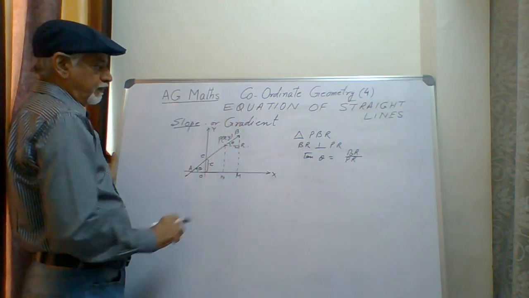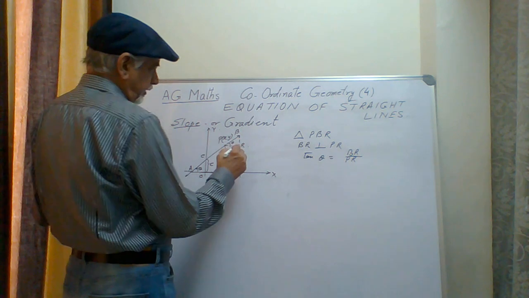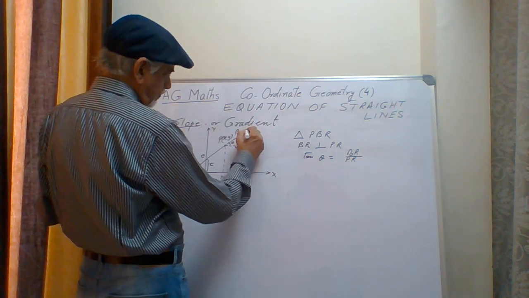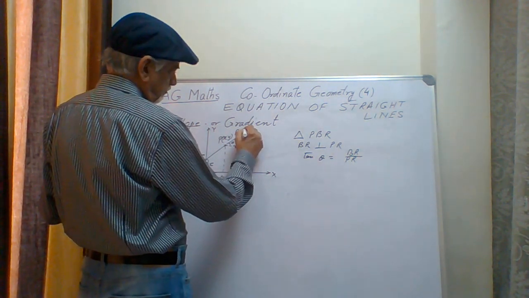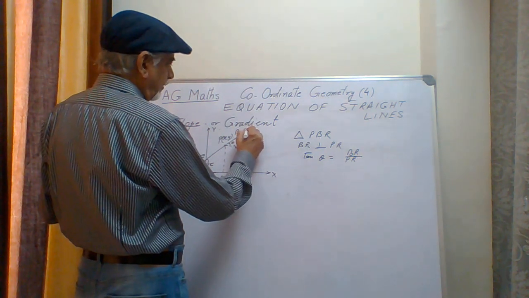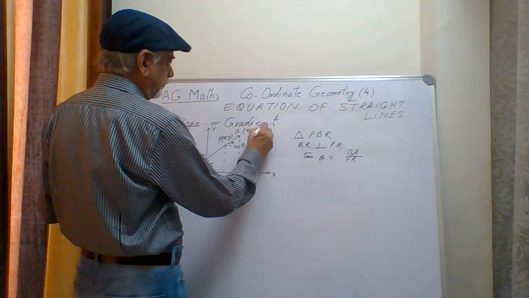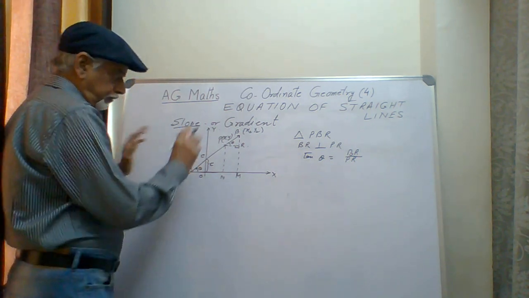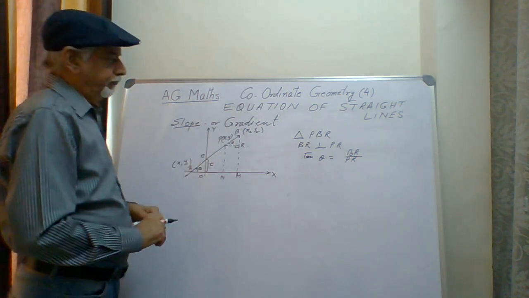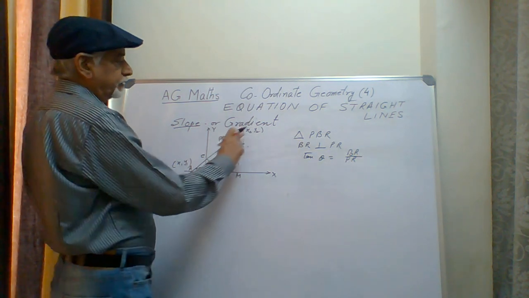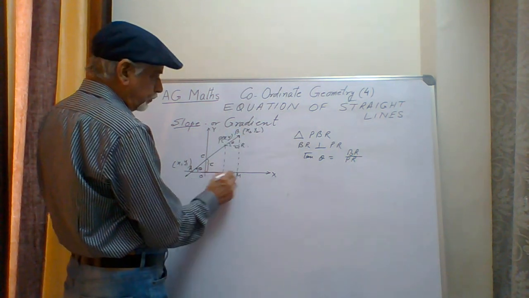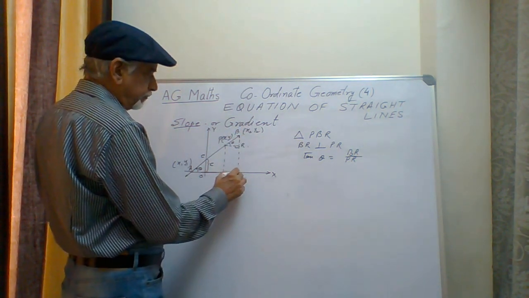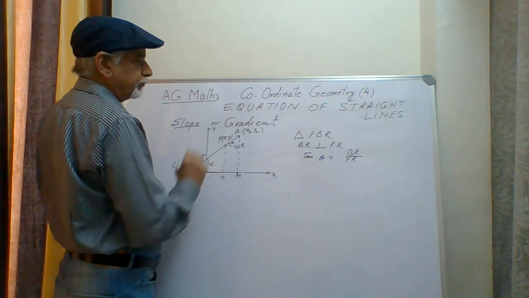Now what is BR? Suppose this value is (x2, y2), and this value is (x1, y1), just to give you the proper feel of the topic. So (x2, y2) means from O to M the value is x2, and from M to B the whole value is y2.